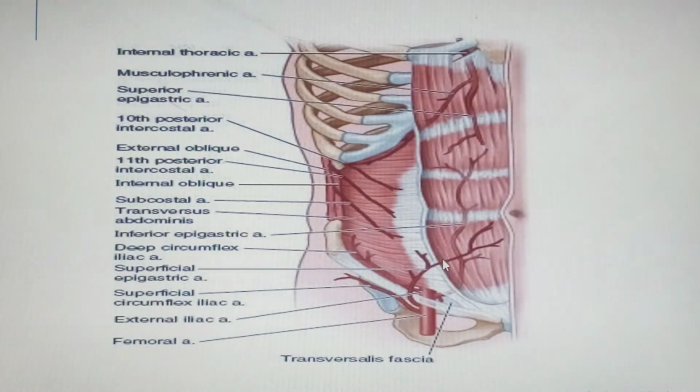This superficial epigastric artery will run in the subcutaneous tissue towards the umbilical area. I don't need to tell you that it's going to help supply the superficial area, the skin of course, and the subcutaneous tissue around the umbilicus. So that's what we are going to see.